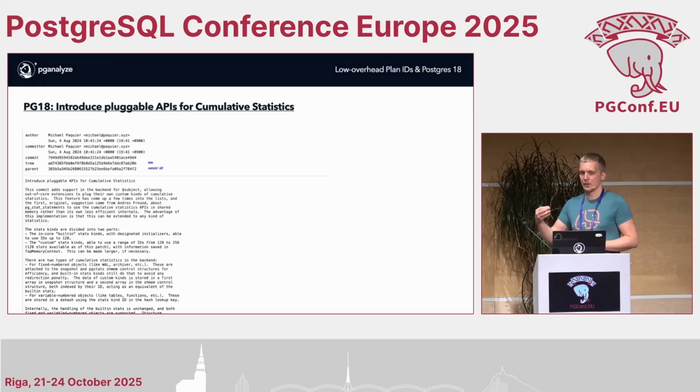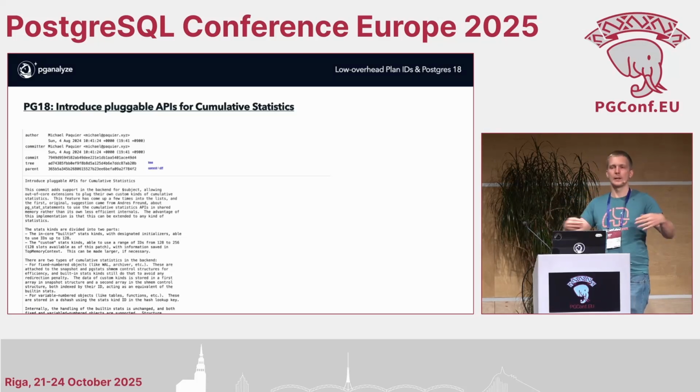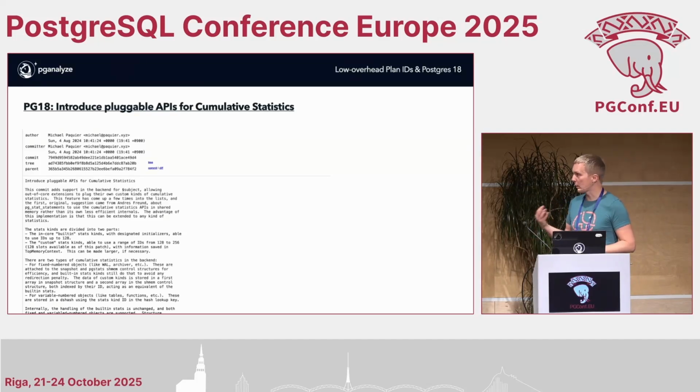So you can now, in Postgres 18, write an extension that uses Postgres' built-in mechanism for tracking statistics. One of the key things this helps you do is reduce overhead. You have different connections in Postgres calculating stuff, and what the cumulative stats system does well is aggregate those stats at the right points in time. Like when a transaction commits, it can add up stuff into a shared memory state. That is now possible as an external extension as of Postgres 18.